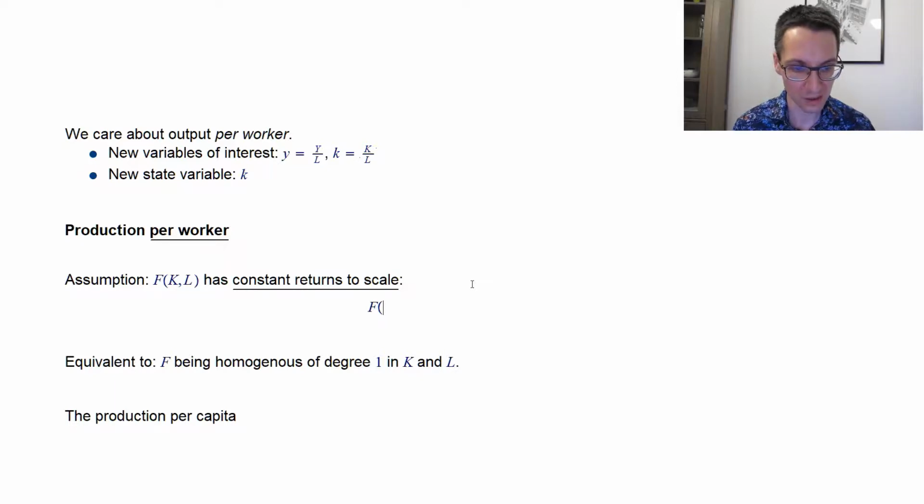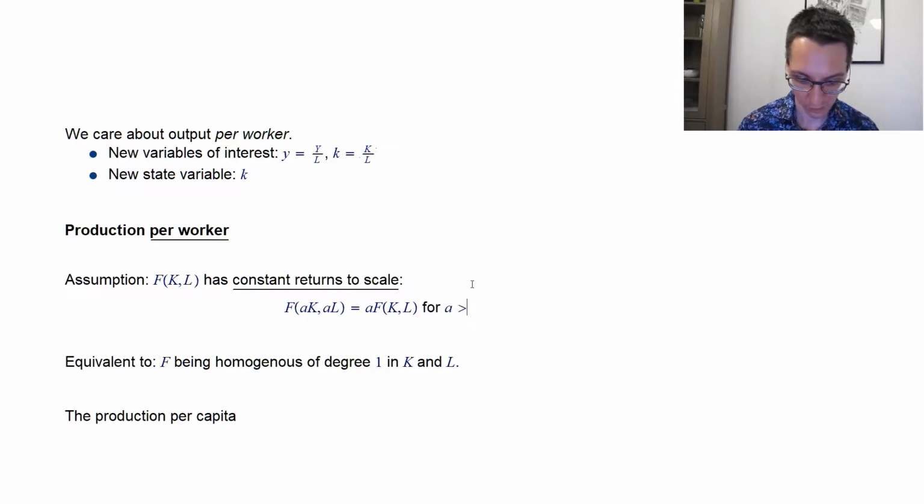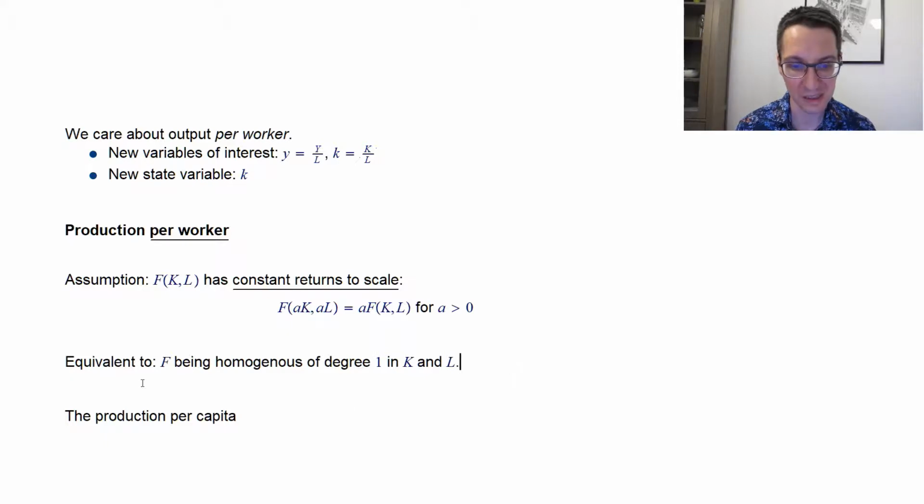So if I write it, it would be something like f of aK, aL is going to be equal to a f of K, L for some a bigger than 0. So that's an economic way of seeing it.